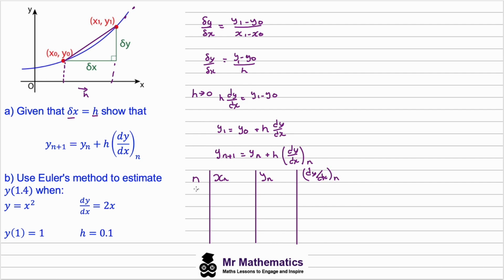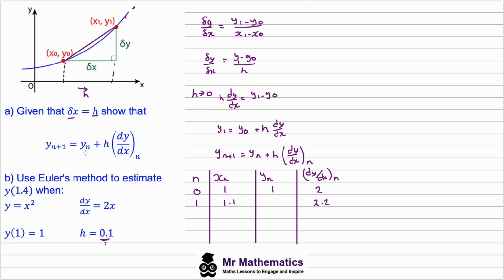And we're told originally when n is 0, x is 1 and y is 1. So we can substitute 1 into here. And we can work out dy by dx at this point by substituting x equals 1 into our gradient function, and we get 2. So for our second iteration, we're moving across by 0.1 in our x direction, so this will be 1.1. We can work out the gradient at this point. We'll substitute the 1.1 into here, and we'll get 2.2.